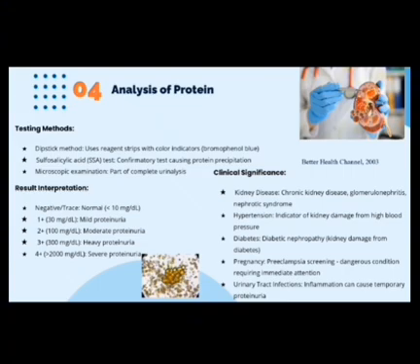Result interpretation: negative or trace, normal, less than 10 mg. 1 positive, 30 mg, mild proteinuria. 2 positive, 100 mg, moderate proteinuria. 3 positive, heavy proteinuria. 4 positive, more than 2,000 mg, severe proteinuria.